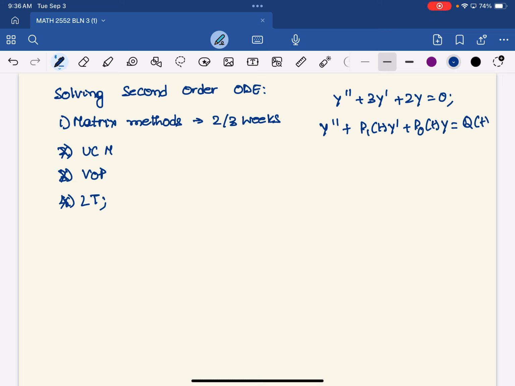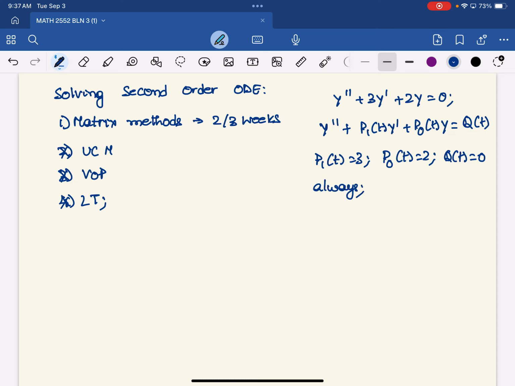Do you agree with me in that? In here, you can see the coefficient of y double prime is 1, p1 of t is 3, p naught of t is 2, and q of t equals 0 always, for all t.